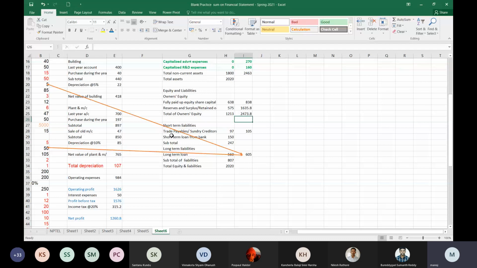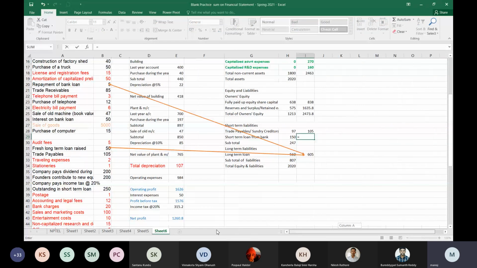Short-term liabilities, trade payable, we have populated. Short-term loan from bank, I thought I populated, so it is equal to whatever is given. That is the difference between long-term and short-term loan. Outstanding short-term loan is 250, so it is done. Subtotal is equal to this plus this, done. Now long-term loan we have already done.